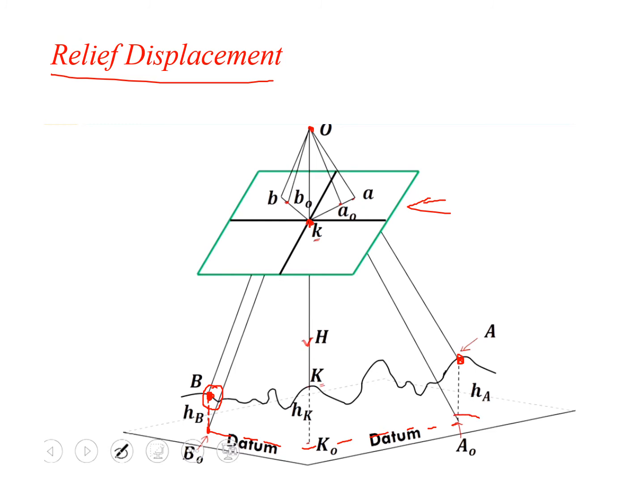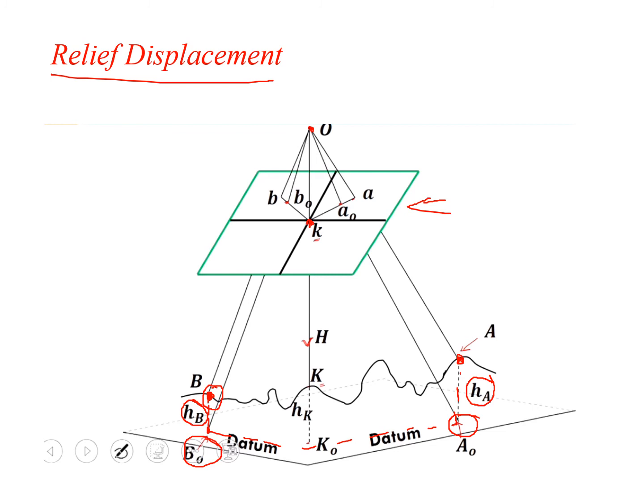So this is A0, and this A0 is at the same level as your B0 point. And if I extend this upwards, this is nothing but my A point. So if you say this is my HA, what is HA? The elevation above datum for the A point. Similarly, HB is my elevation for the B point above the datum. So HA and HB are different elevations above the datum.